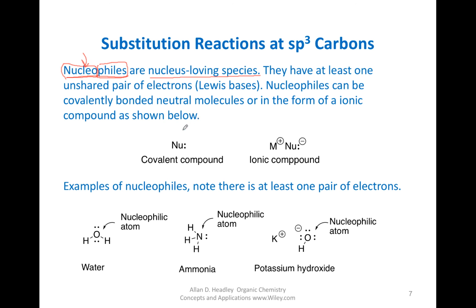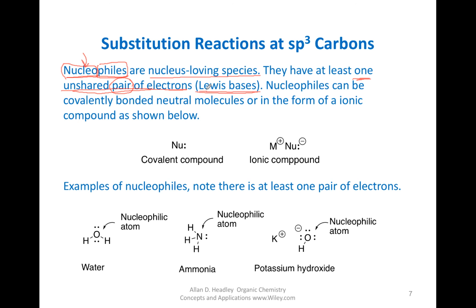So for a nucleophile, they must have at least one unshared pair of electrons. Notice, keyword electrons, at least one pair, and that's the key, is a pair. As you will recall, that's the same definition as a Lewis base, isn't it?